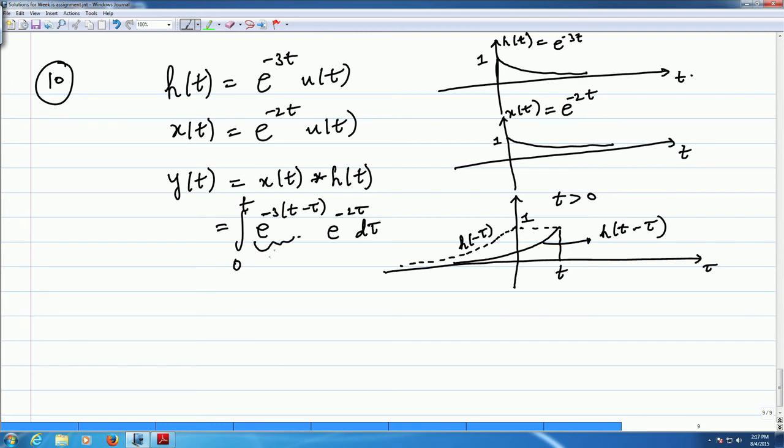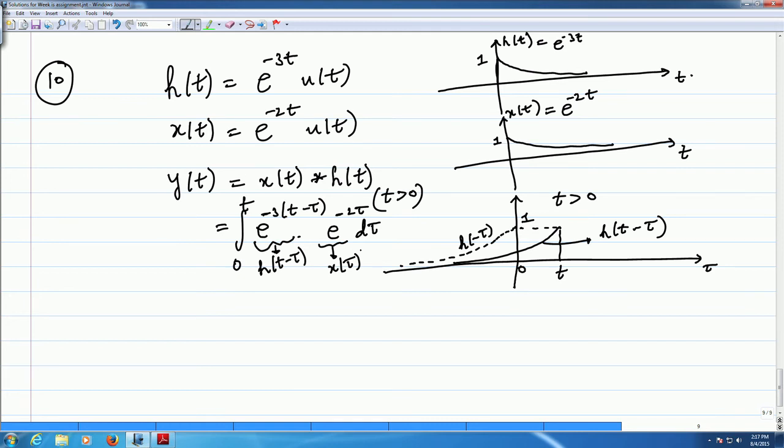Okay. So, this guy is h of t minus tau, this guy is x of t, x of tau, sorry. I am simply multiplying these two things together and integrating from 0 to t. It is enough if I integrate from 0 to t, and clearly I am assuming t is greater than 0. For t less than 0, the convolution is 0.